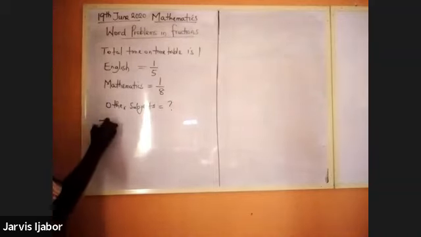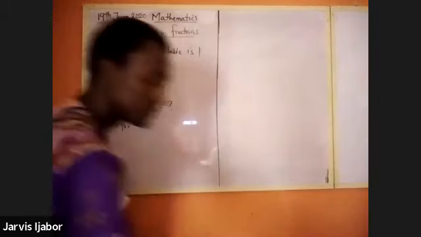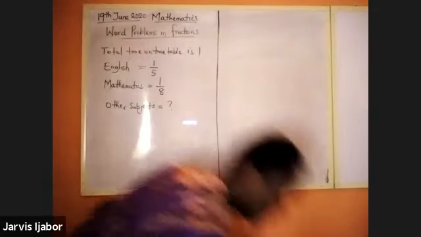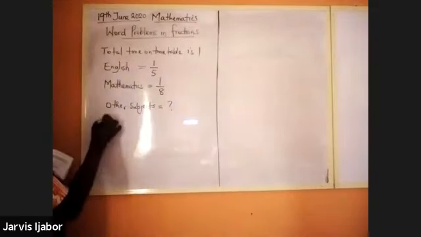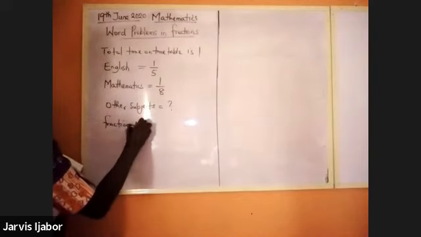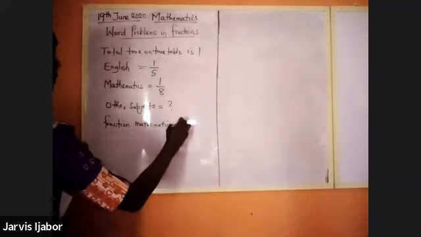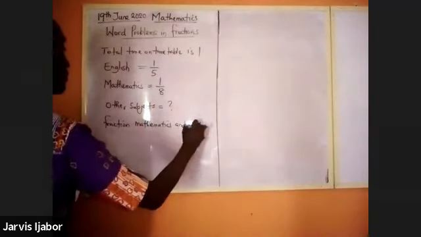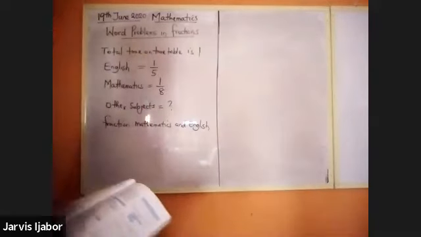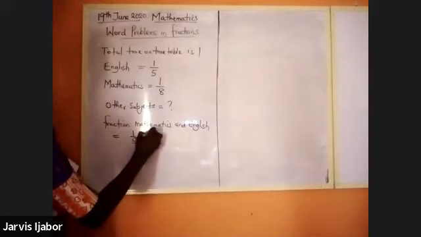So time or fraction for maths and English will now be equal to 1 over 5 plus 1 over 8.